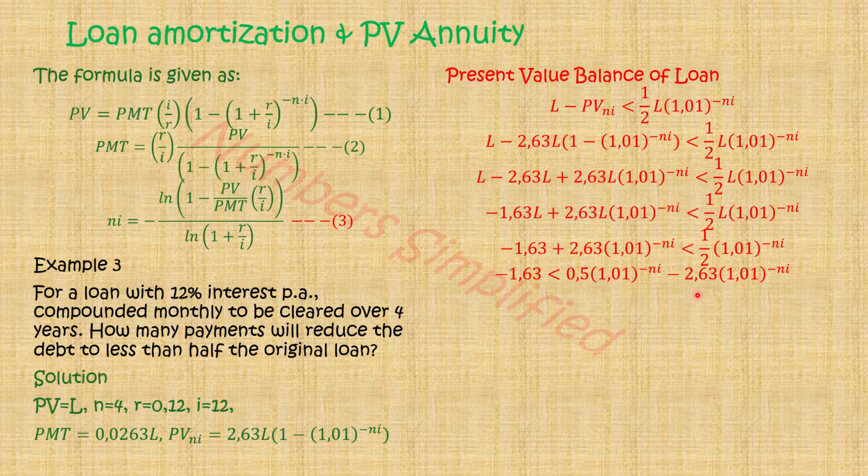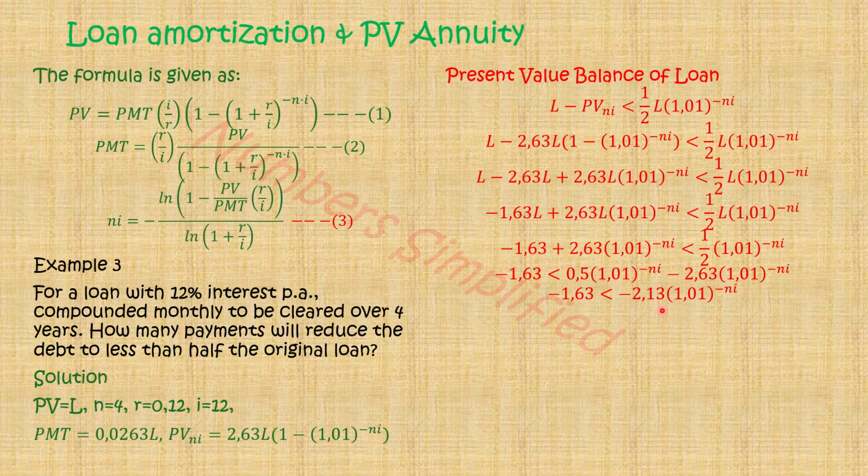And of course, as we group the like terms, we know that this is the same as saying 0.5 minus 2.63, since the terms are the same. That would give us a minus 1.63 on the left-hand side is less than minus 2.13 times the 1.01 raised to the power minus ni term.